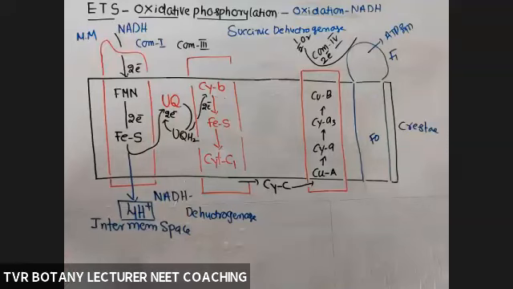1:2 ratio. Okay, right? During the movement of electrons, protons are withdrawn from the matrix and added to the intermembrane space. The purpose is to create a concentration gradient between the mitochondrial matrix and intermembrane space.